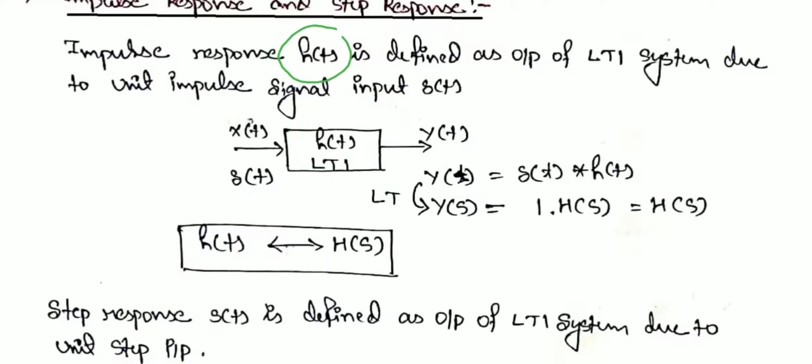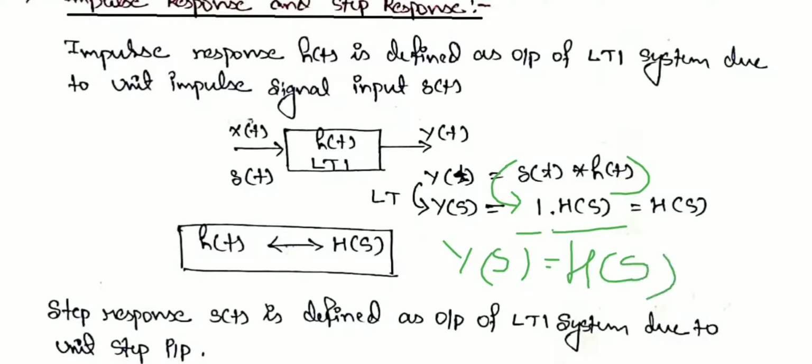Therefore, if the input x(t) is the impulse signal delta(t), then the output y(t) is the delta(t) convolved with h(t), or in the Laplace transform the convolution becomes multiplication. The Laplace transform of delta(t) is 1, and the Laplace transform of h(t) is H(s). Therefore, the impulse response in the Laplace transform, Y(s), is equal to H(s).